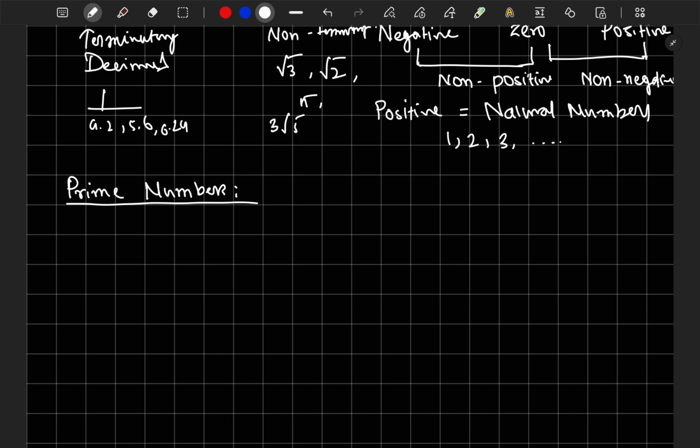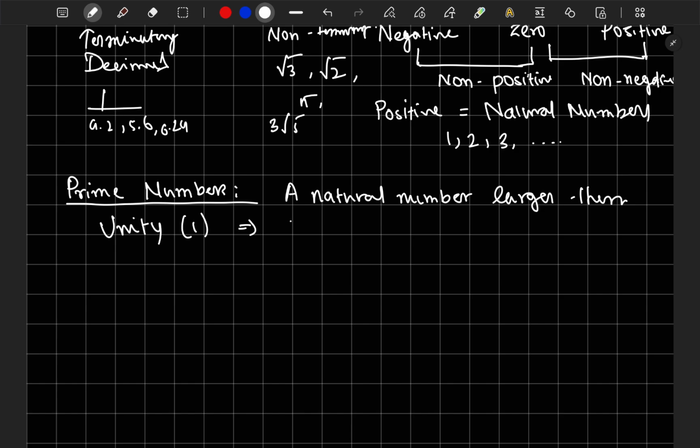So what is a prime number? A prime number is a natural number, larger than unity, so it must be positive. What does unity mean? Unity means one.